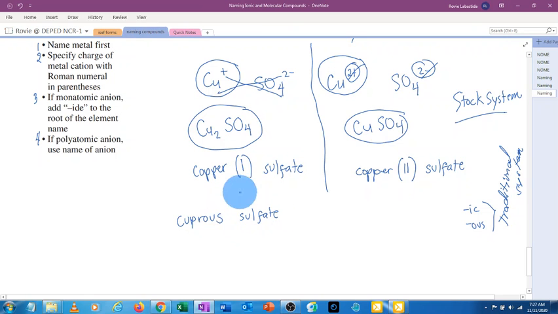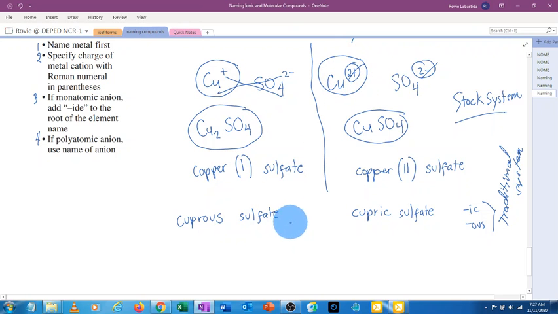Okay, so no need to write the Roman numeral for the traditional system. Cuprous sulfate, and for this one, it's cupric sulfate. Why? Because again, we will use the suffix "us" for the root term of the metal with a lower charge, and the suffix "ic" for the root term of the metal that has a higher charge.